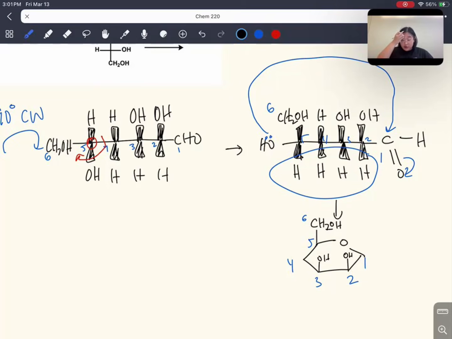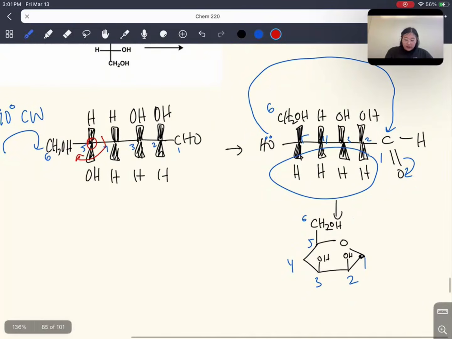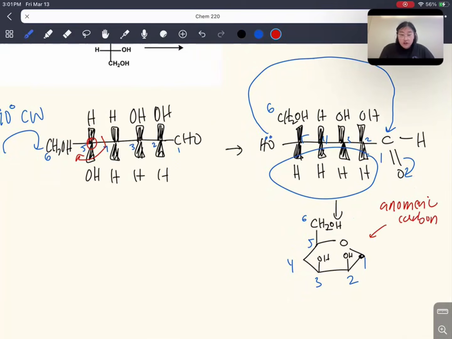Okay, now we have to figure out what to do about carbon 1. So carbon 1 has a special name. It's called the anomeric carbon. What does that mean? The thing about the anomeric carbon is that the resulting OH group can point up or down.